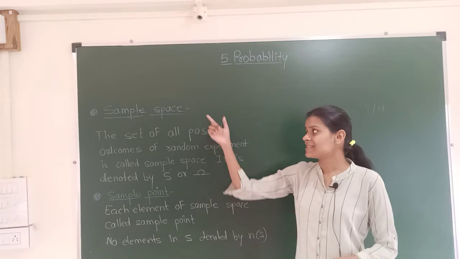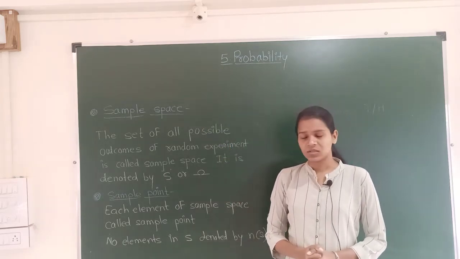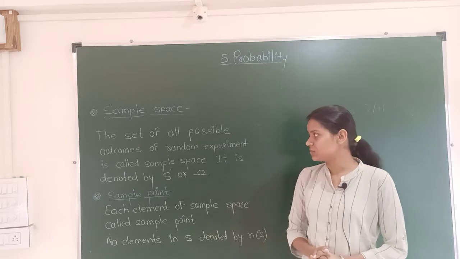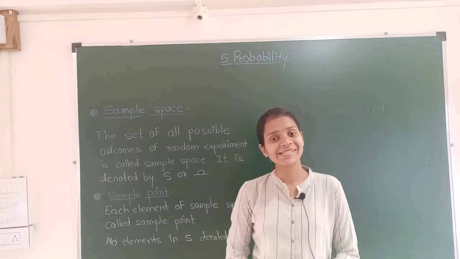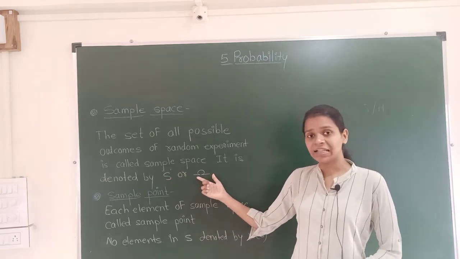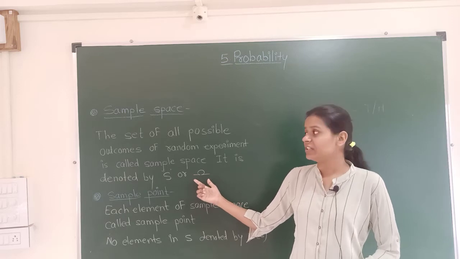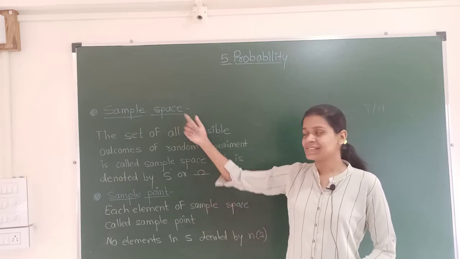See, what is meant by sample space? The set of all possible outcomes of a random experiment is called a sample space. It is generally denoted by S or the Greek letter omega. This letter is called omega. It is a Greek letter which is used to denote the sample space.